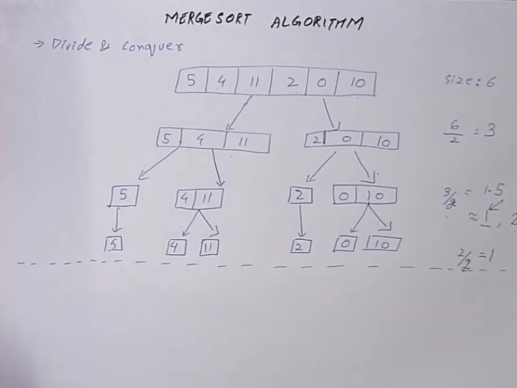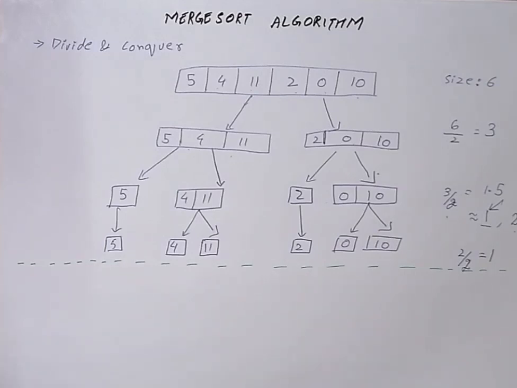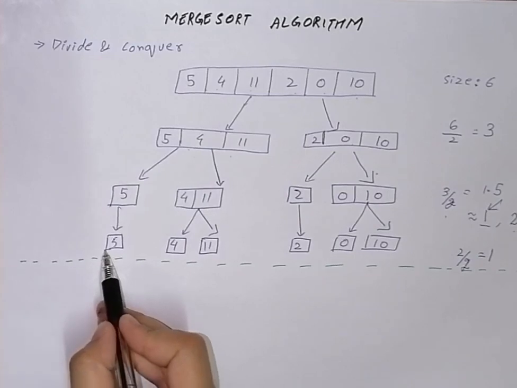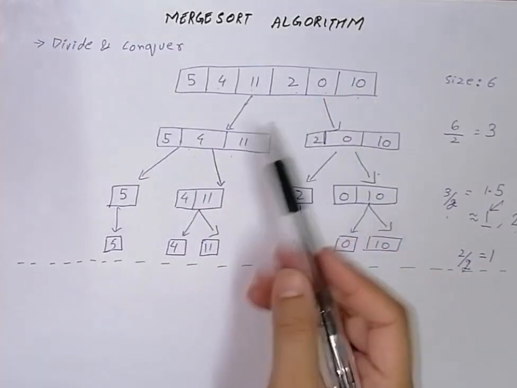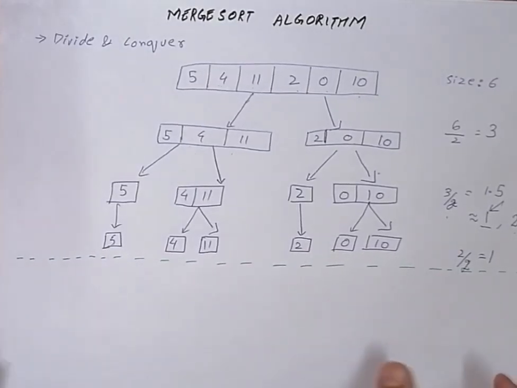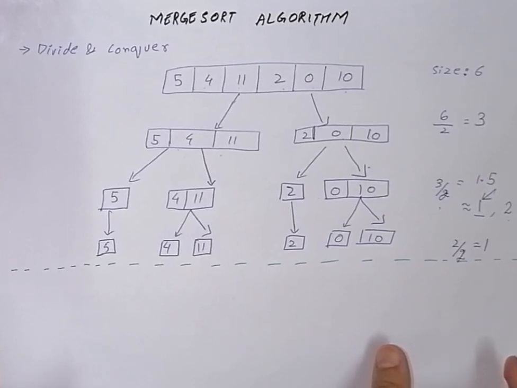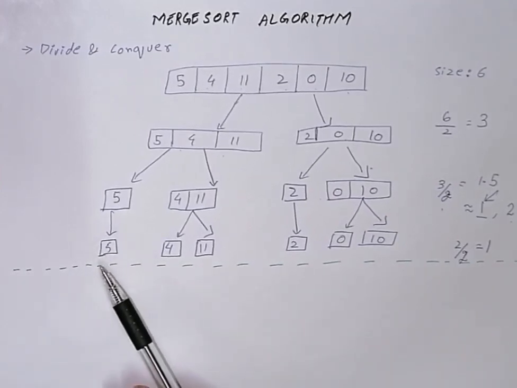Here we are just done with the division portion. We have divided the bigger problem, or bigger array, into sub problems or sub parts, and we stop until we reach the particular size where array size is 1. So this is a larger problem. I have divided it into smaller problems, and if I try to sort each and every array at this particular point, 5 is an array having one size.